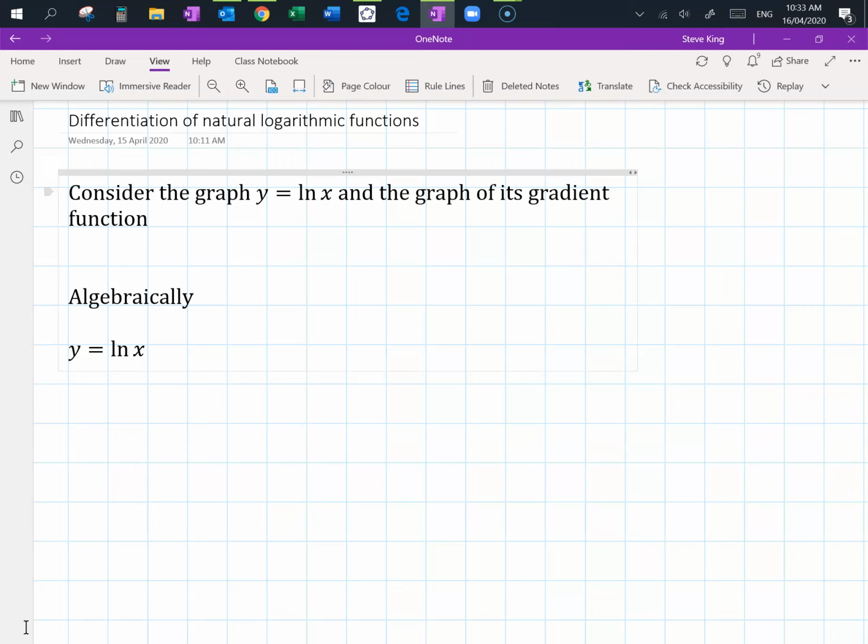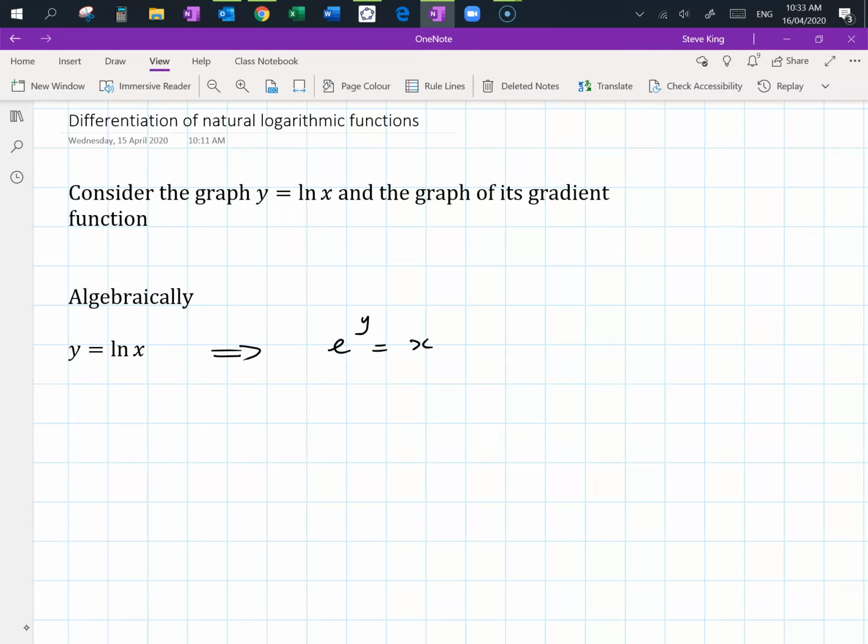That's clearly in log form, so I'm going to take that back to exponent form, and the base I'm working with when I'm dealing with natural logs is the base e. So in other words, I know that this can be rewritten as e to the power y is equal to x. So now I have an equation where I'm expressing x in terms of y.